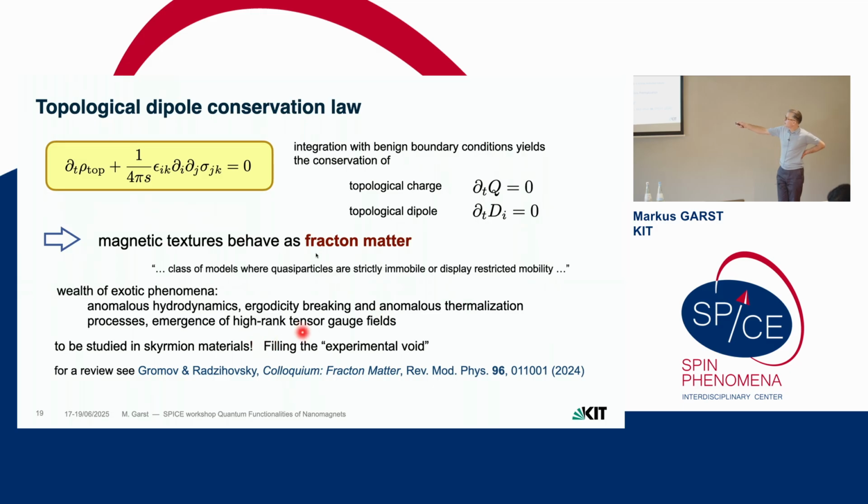I will explain what this means for our skyrmions. It's known that fracton matter exhibits a lot of exotic phenomena like anomalous hydrodynamics, ergodicity breaking, anomalous thermalization processes, and so on. And interestingly, what I'm claiming here is that magnetic textures are actually a playground for studying fracton matter.